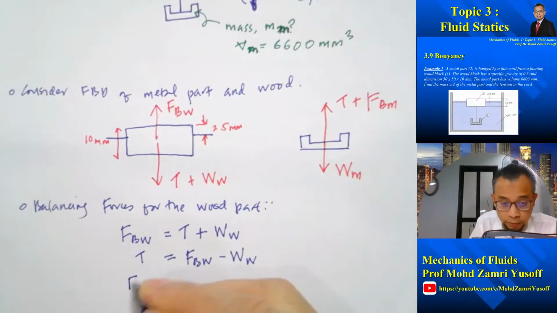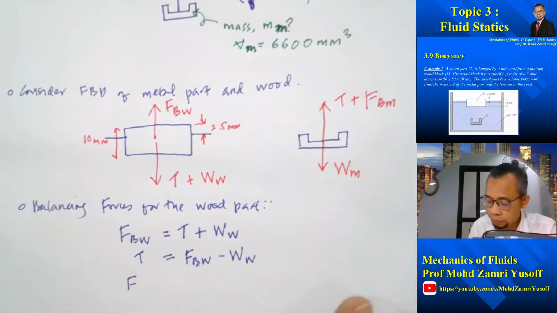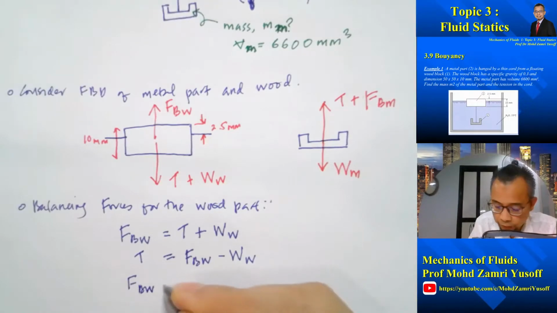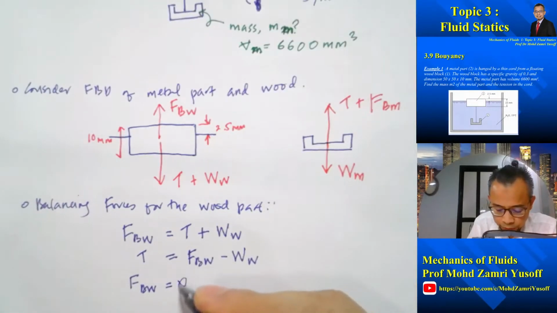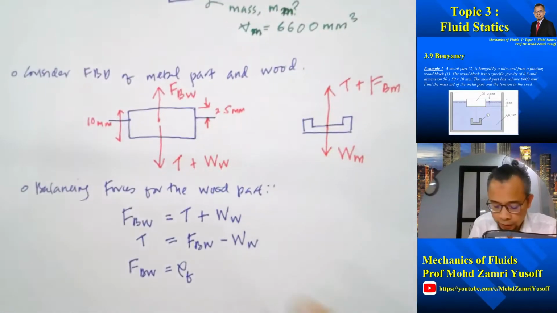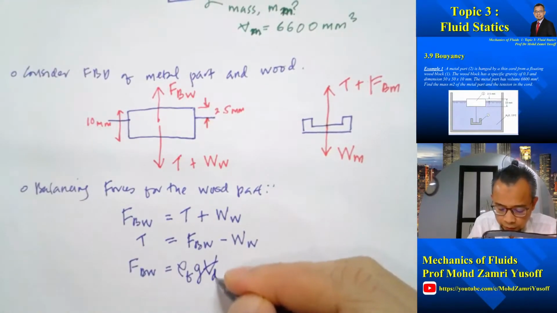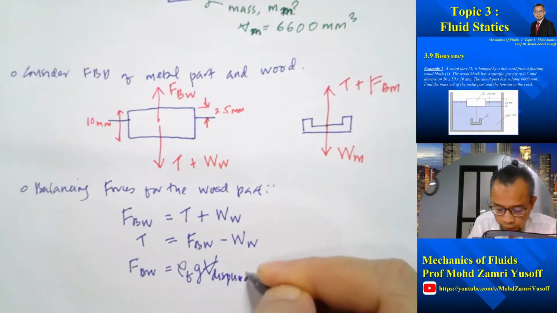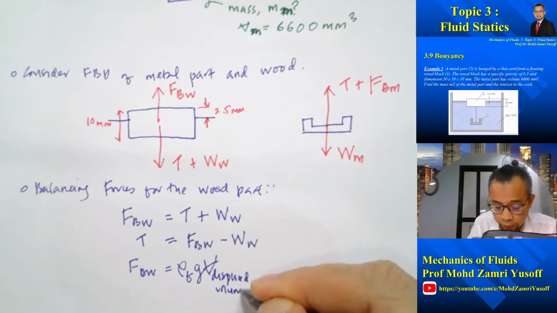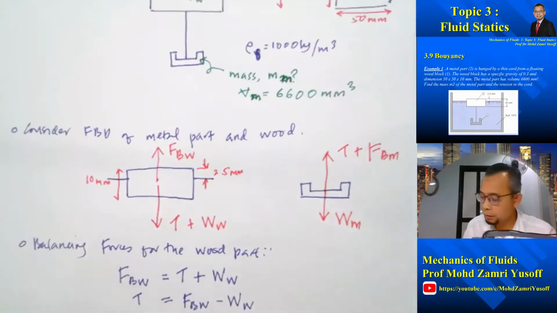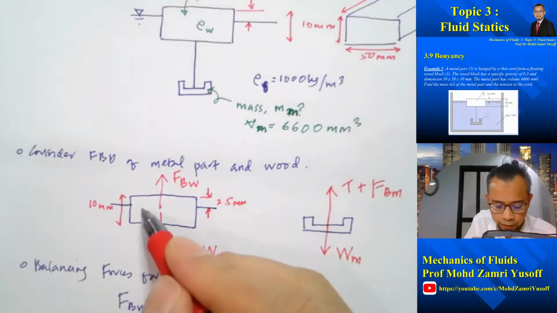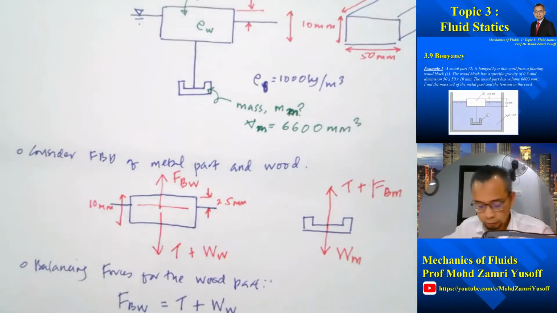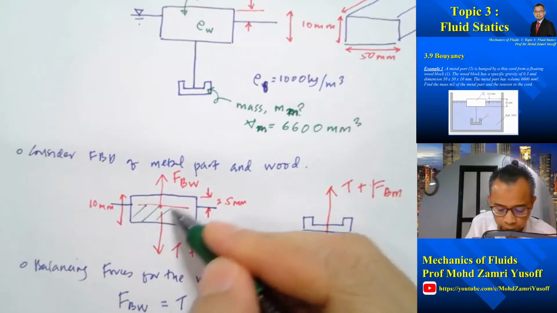Now using our formula for buoyancy, F buoyancy wood will be equal to rho of the fluid multiplied by gravitational acceleration multiplied by displaced volume. The displaced volume will be this volume here.